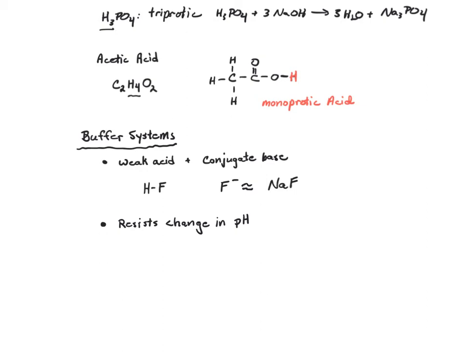Your proteins in your body depend upon a very carefully balanced pH. So we have a buffer system in place. Now, it's not an HF and fluoride buffer system. In fact, it's usually based on phosphate.